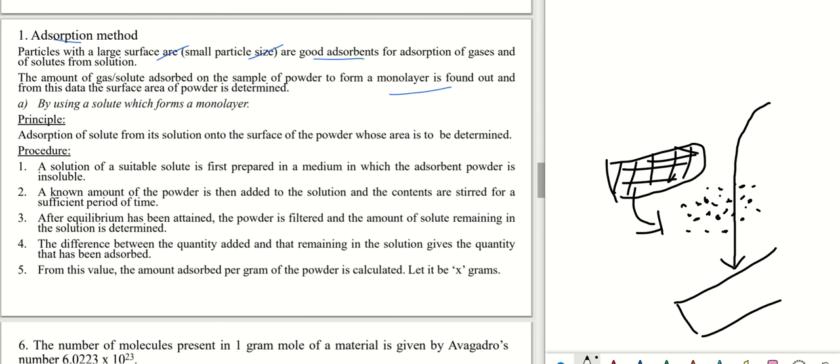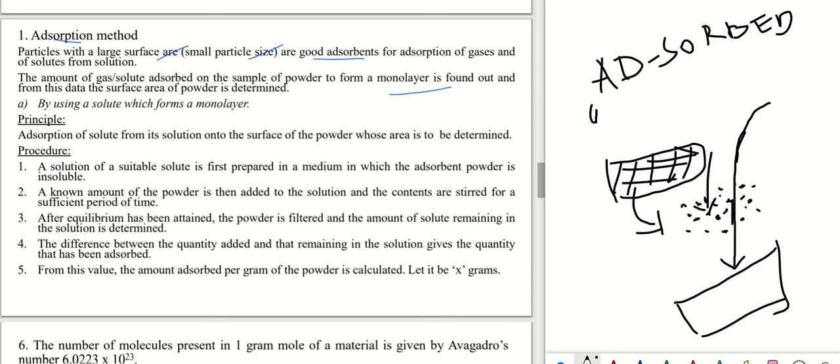What is the fate of this gas? The gas, while passing through the powder, will get adsorbed onto the powder particles, right? The amount of gas entering and the amount of gas exiting will be different because some of the gas molecules get adsorbed.